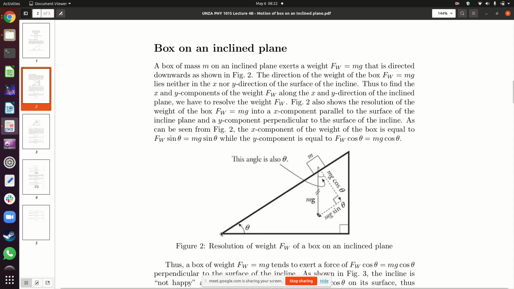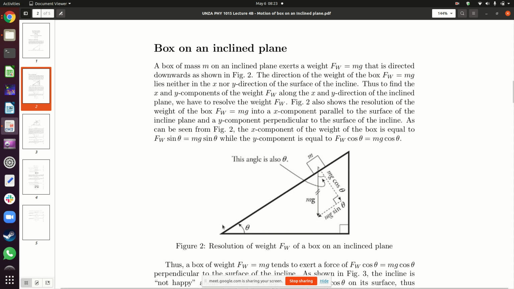Next, after you choose your x and y axis, this choice is not complete, because remember, we have to choose which one is the positive x-axis and which one is the negative x-axis if we are going to work out resultant forces.